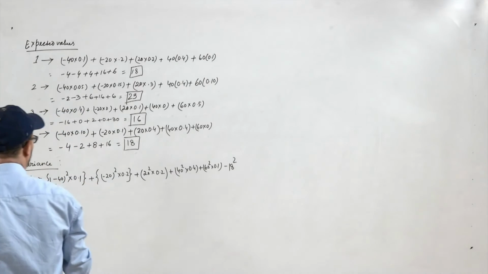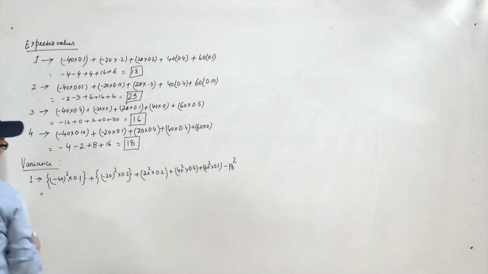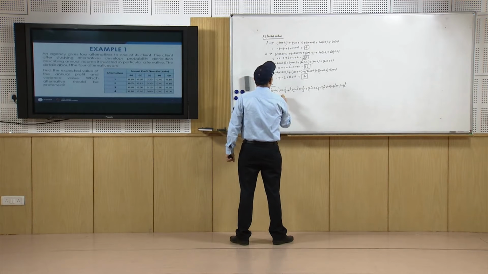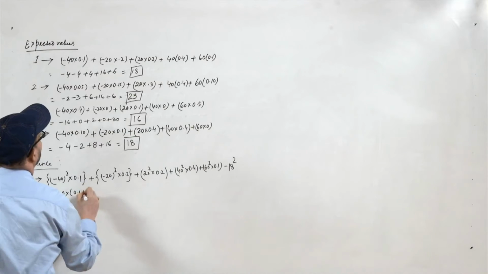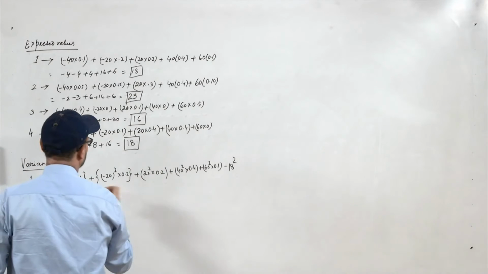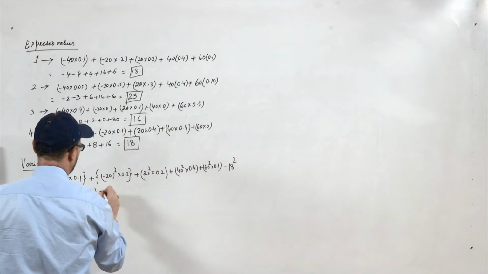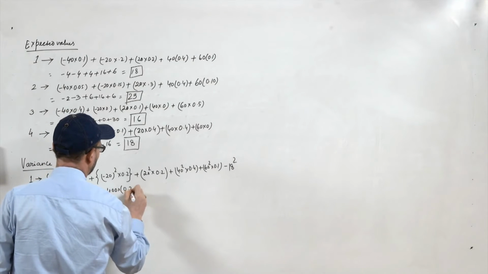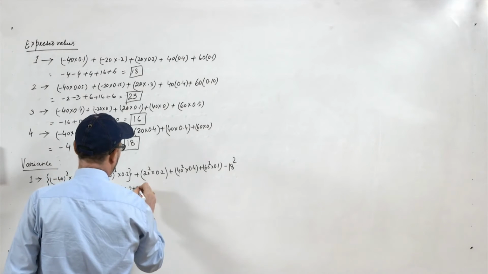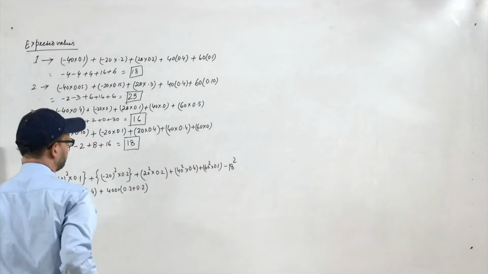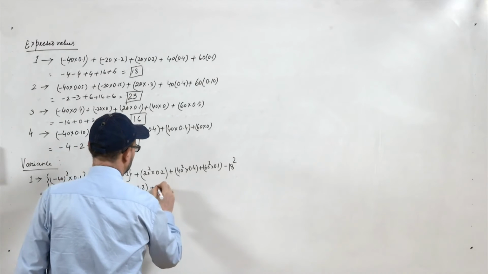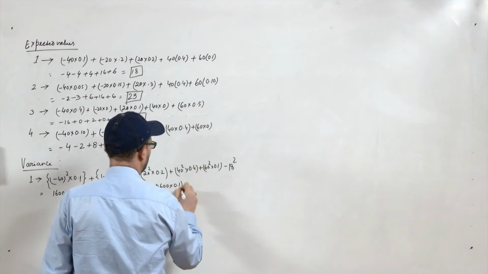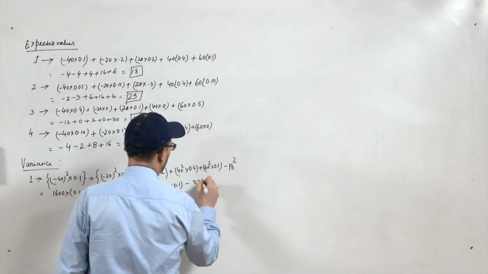So, if you look at it, 40 square is 1600 multiplied by 0.1 plus 0.4, plus 400 multiplied by 0.2 plus 0.2, plus 3600 multiplied by 0.1, minus 324.